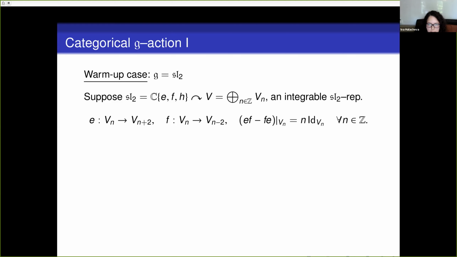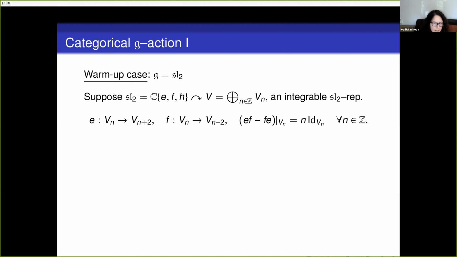They satisfy the relation that EF minus FE restricted to the nth weight space is n times the identity on that weight space. So this is the structure we'll be focusing on describing at the categorical level.